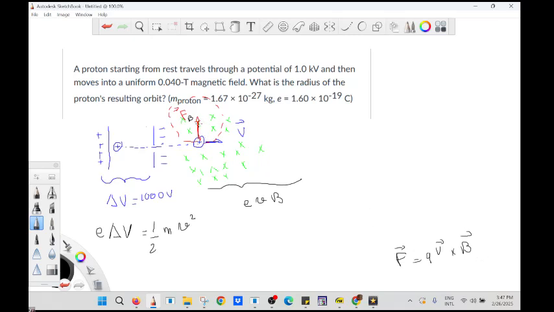But here in that case, it's perpendicular, so we don't have to worry about any sign. So we have E V B, okay, so the magnetic force equals centripetal force, so m V squared over the radius that we are trying to find.